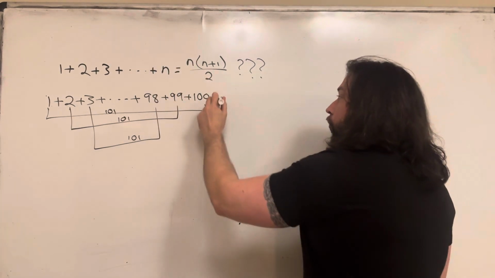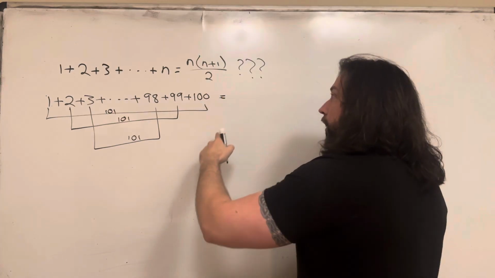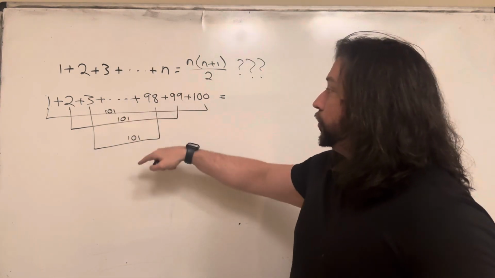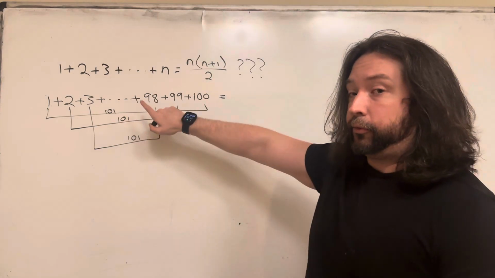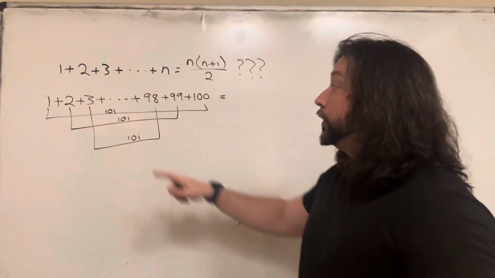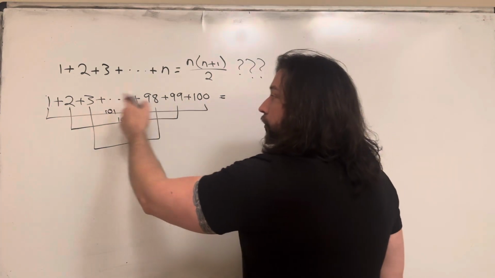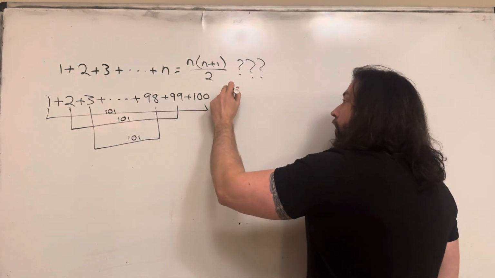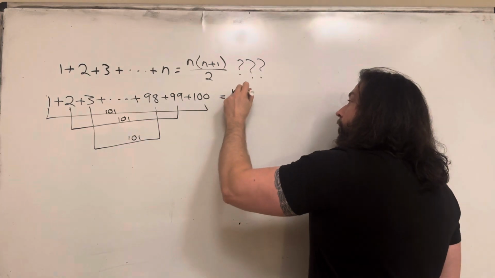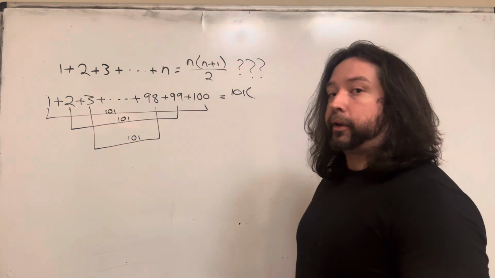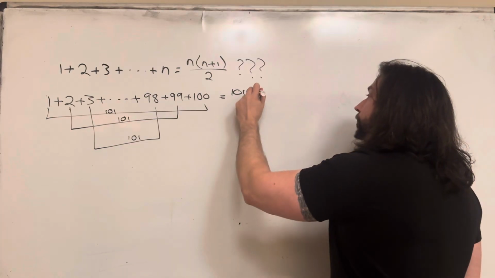And so what we know here is that we have n over 2 summations, of course, if this is even, times 101. So this is really just 101 times the number of actual objects we're dealing with divided by 2.